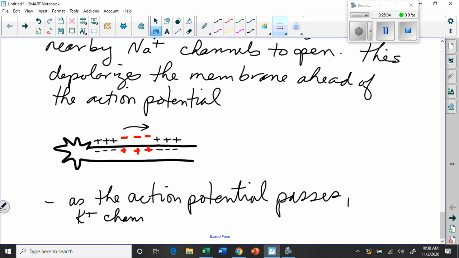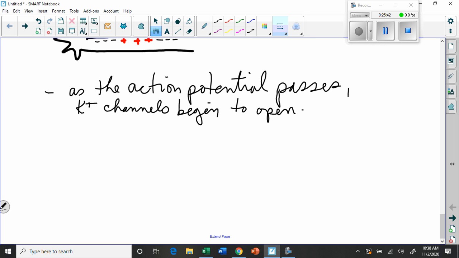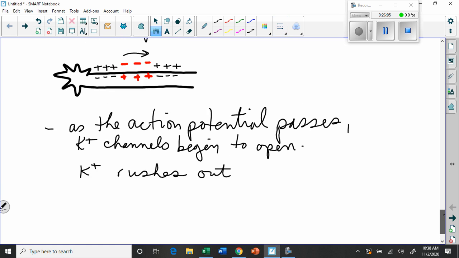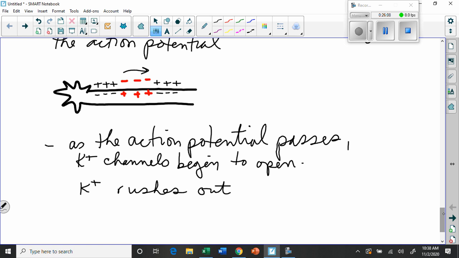Potassium channels. As the potassium then leaves the cell, so potassium rushes out of the cell. So the sodium rushed in when the sodium channels open. Potassium rushes out because if you look at my little red depolarization here, in the region of the depolarization, the outside is negative.